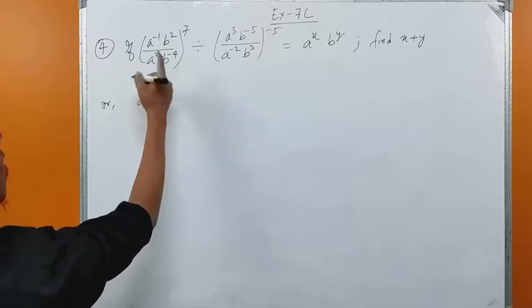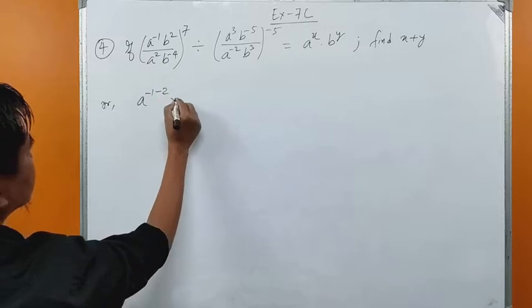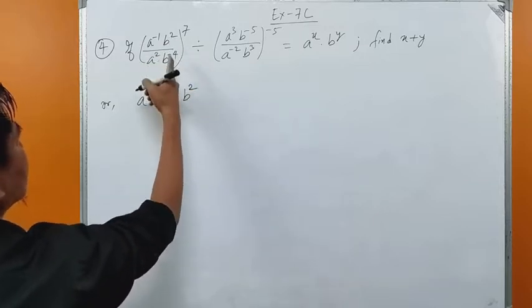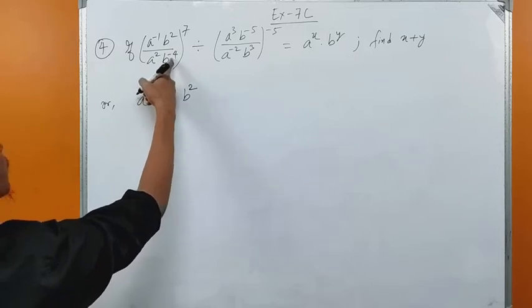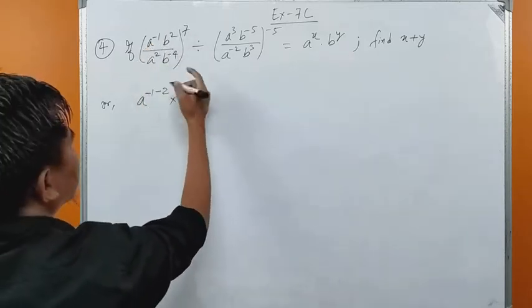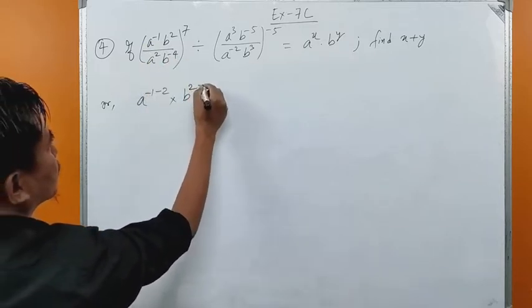That means plus 2 becomes minus 2. Okay, into b square we have in the numerator b square. Now we take b to the power minus 4 to the numerator, b same base, isn't it? So the sign of the power changes, minus 4 changes to plus 4.